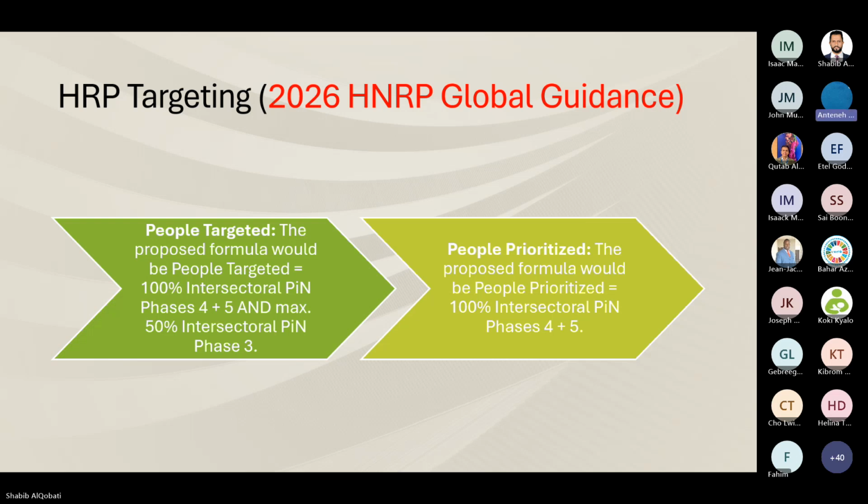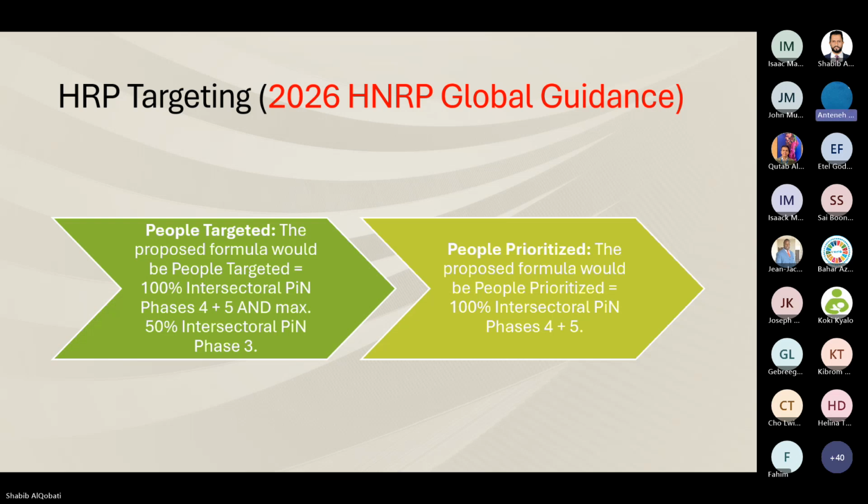And within that also, you can see on the right-hand side, the right-hand arrow, within this target, you could also be prioritizing only phase 4 and phase 5. So very restrictive kind of prioritization for HRP this year.